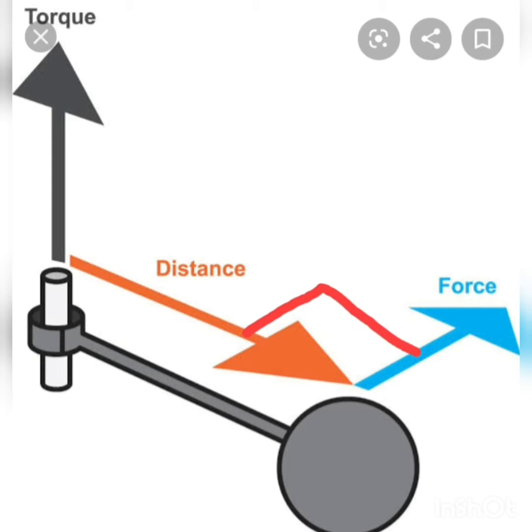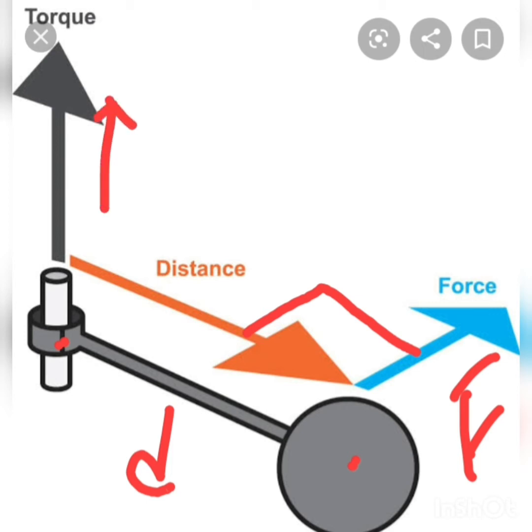The angle between the force applied and the distance from the point of application of the force to the pivot. This distance is termed as small d or r, and F is the force applied. So torque is the product of F and d.